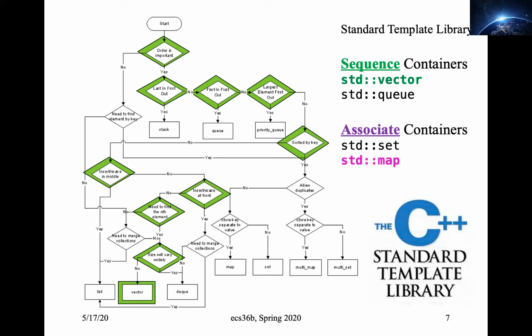No. Largest element first out? No. Sorted by key? Yes, that means the index. Insert in the middle? No. Insert at the front? No. Need to find the nth element? Yes. Size will vary widely? No. Then you actually use vector. By following this questionnaire, you can decide what will be the most popular template you will be using.